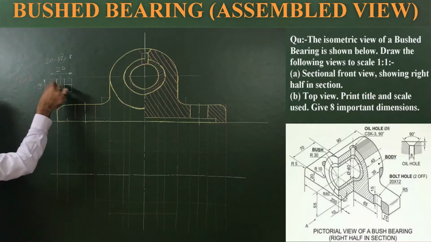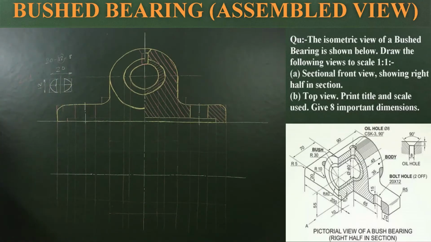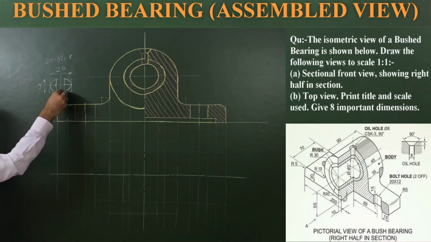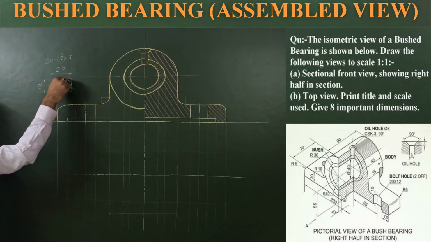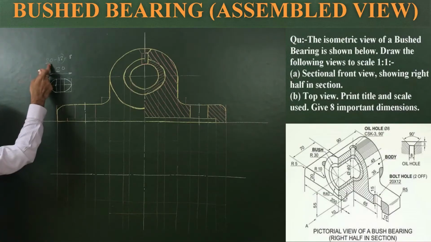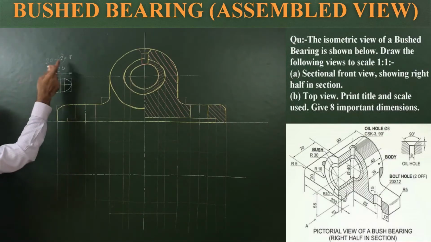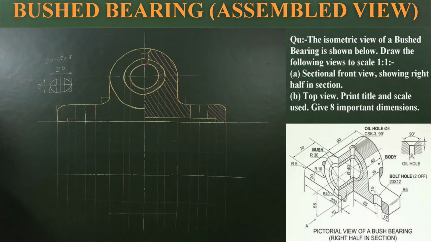It means the left part is a semicircle of radius 6, the right part is also a semicircle of radius 6, and the central part is straight, 8. So 8 plus 6 plus 6 is 20, and 6 plus 6 is 12. So 20 by 12 means an approximately elliptical or rectangular hole like this.